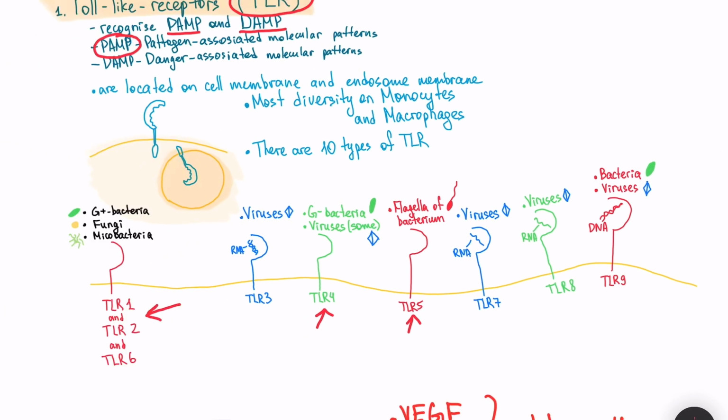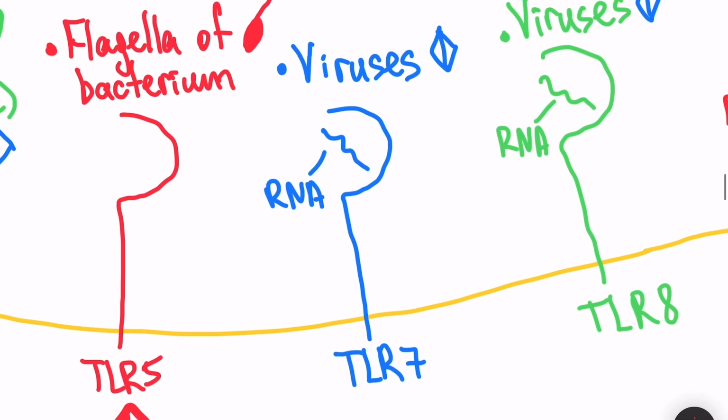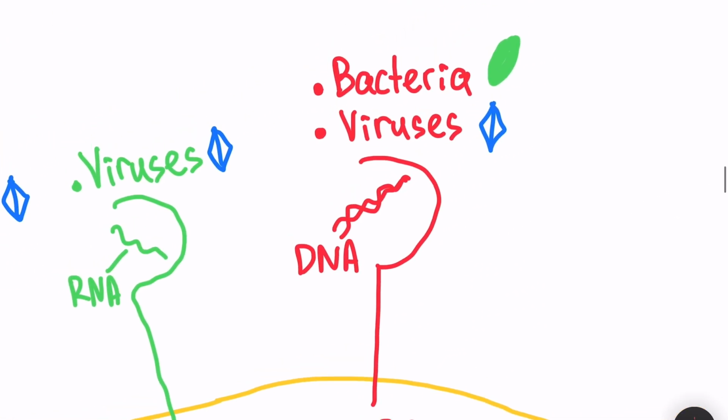And also we have TLR3, 7, 8, and 9. They recognize pathogens inside our cell, so it is defense from viruses. There is also a helper, CD14. It helps TLR to recognize LPS, lipopolysaccharide. Yes, it is like an additional fact.